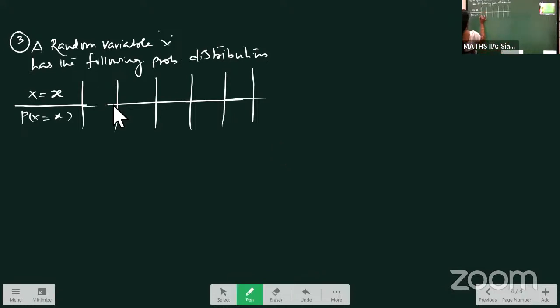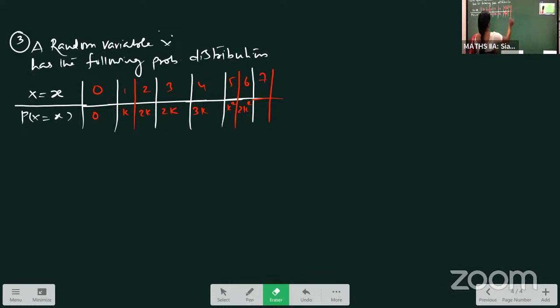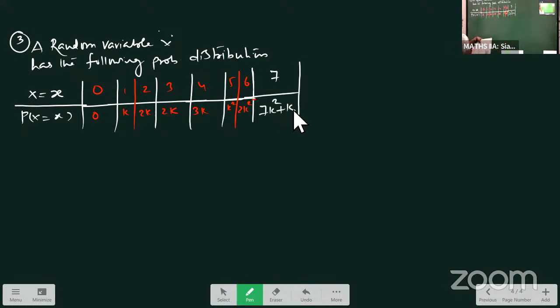Zero, 1, 2, 3, 4, 5, 6, 7. And the corresponding values are 0, K, 2K, 2K, 3K, K square, 2K square, 7K square plus K. These are the values given.